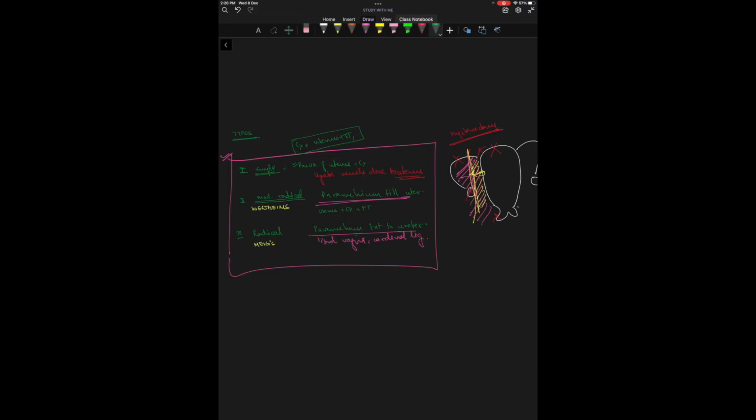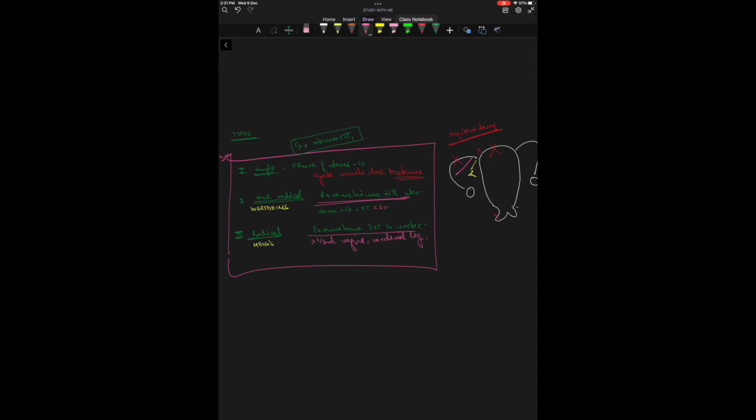Type 3 is radical hysterectomy, which is also known as Meigs hysterectomy. Here, parametrium, fallopian tube, parametrium lateral to ureter, till there it is removed.